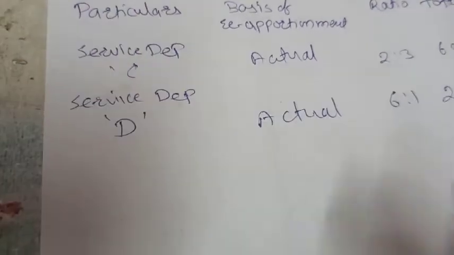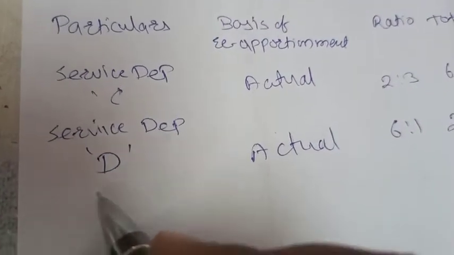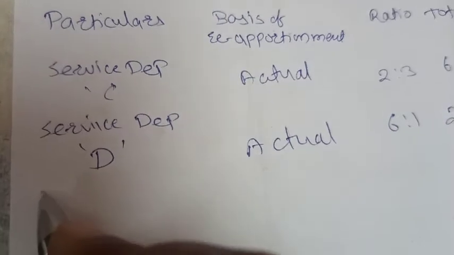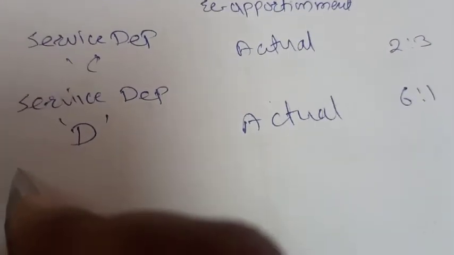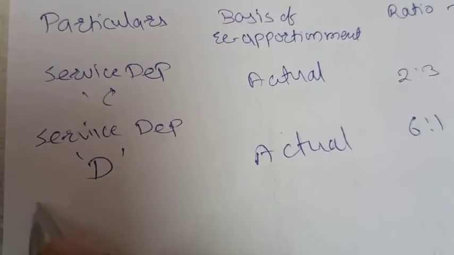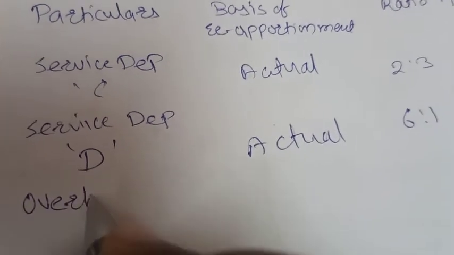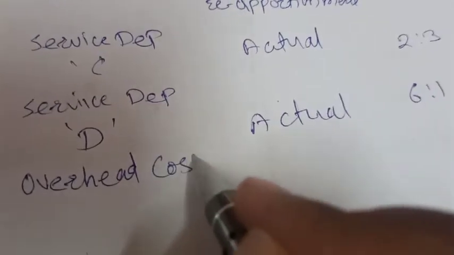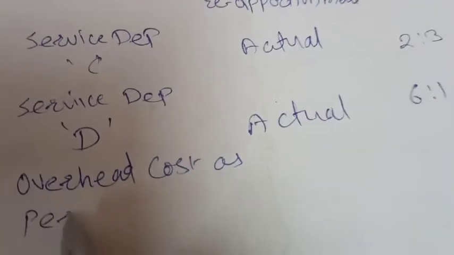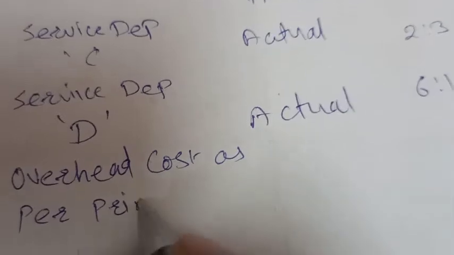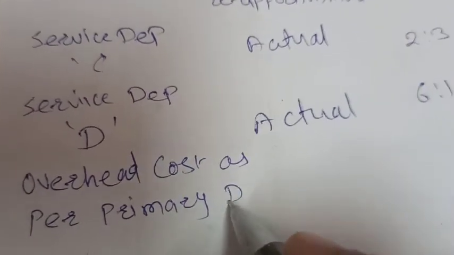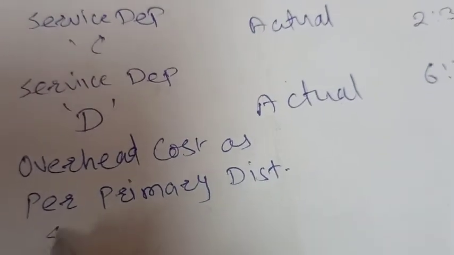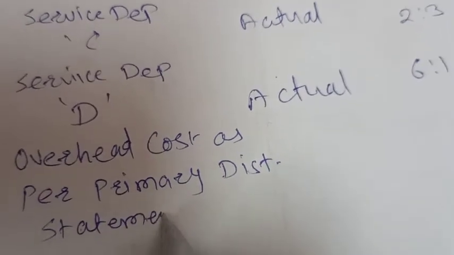Okay, then here we say that the total overhead cost of production department. When we call it the total overhead cost, that time we have to add the primary distribution cost. So here we are going to record like this: overhead cost as per primary distribution statement or summary.